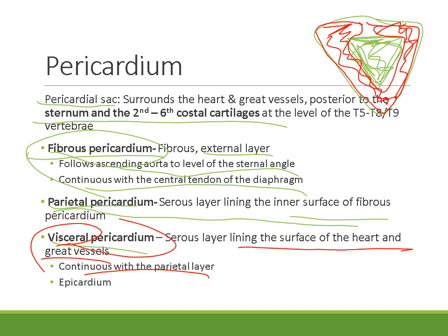This visceral pericardium, the really delicate layer on the surface of the heart, is also called the epicardium. Okay, those two names are synonymous with each other, which epi means upon, cardio means heart. So the epicardium is the layer upon the heart.